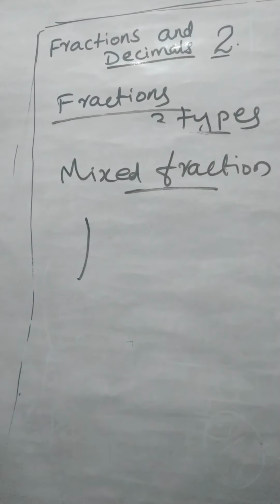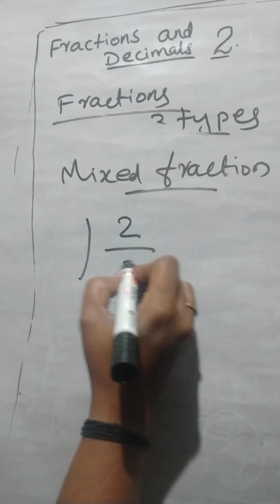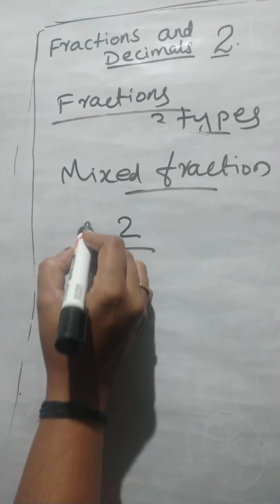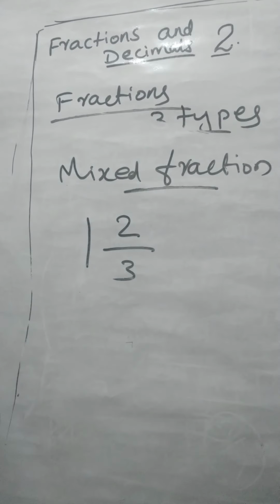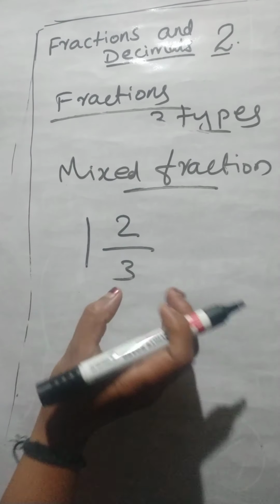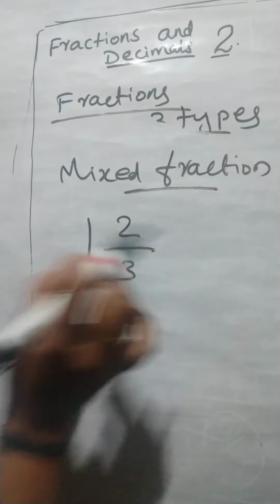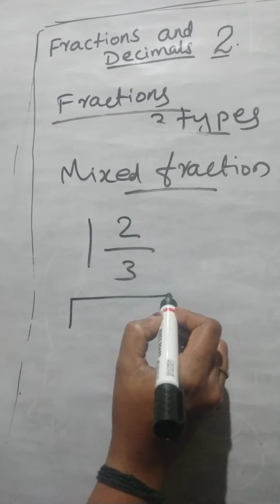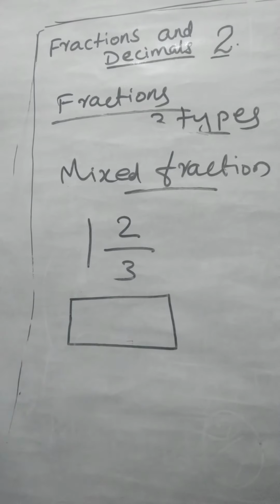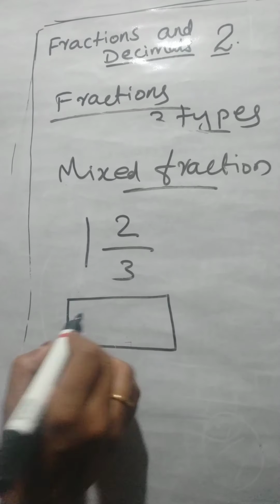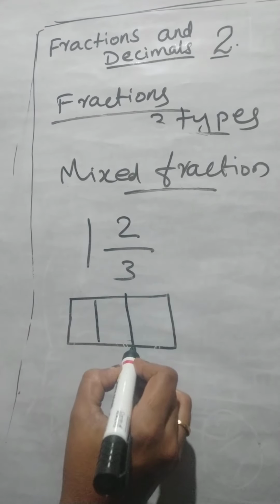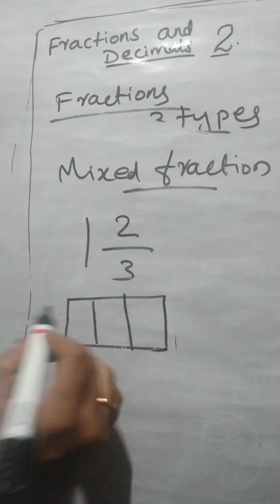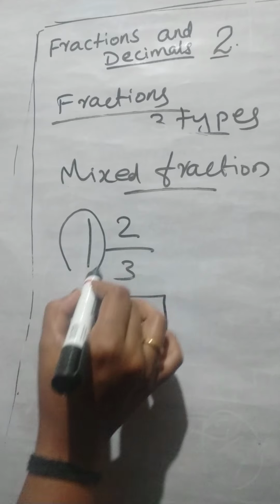Here 1 and 2 upon 3. That means 1 is representing the whole part. And next you are getting 2 pieces out of 3. Actually this means you got 1 full cake, and this is represented by 1.